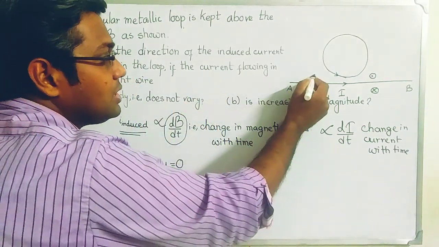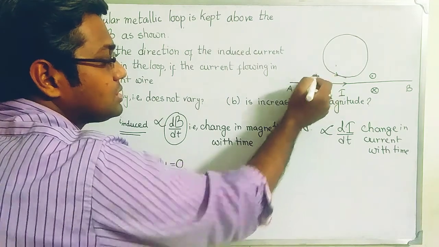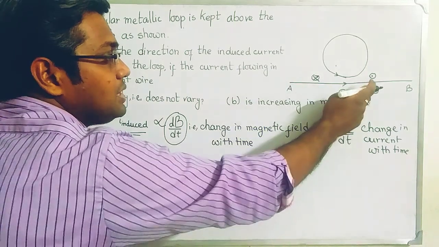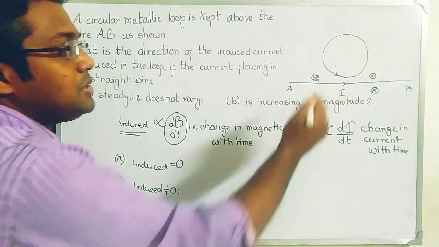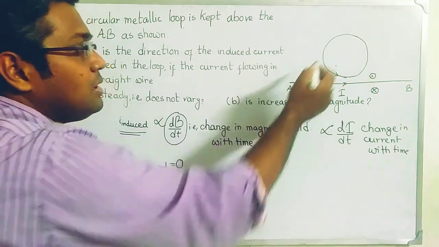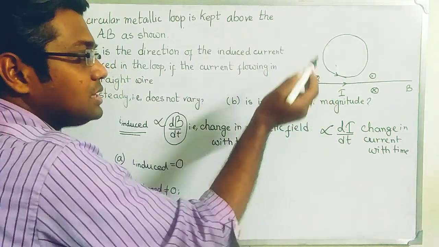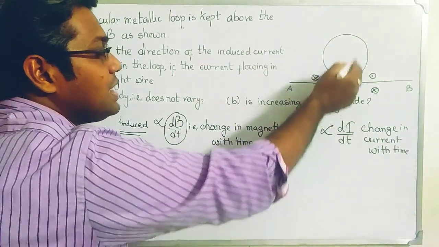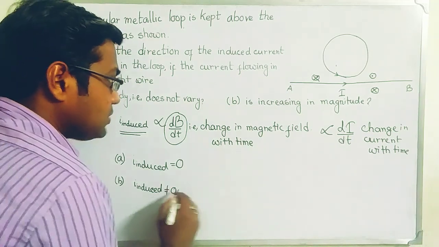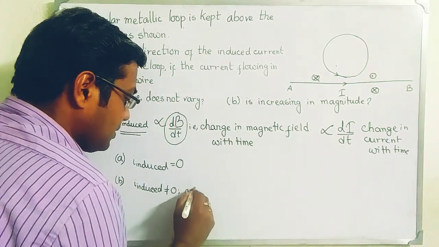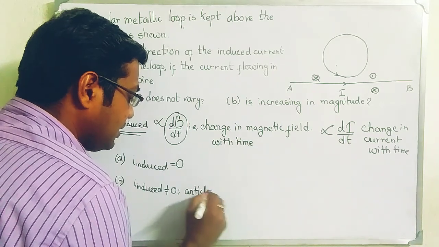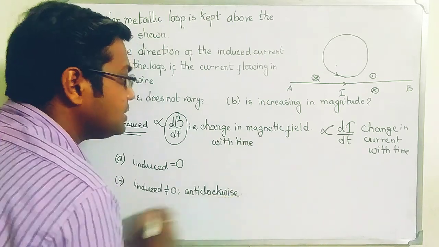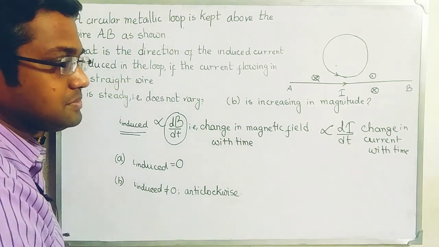Actually the wire AB creates the magnetic field in the upward direction, but due to the induced current, the magnetic field created by the loop is in a downward direction, so it opposes the change. That's why the direction is anti-clockwise. So the induced current is in the anti-clockwise direction and it is not zero now. So this is the thing. Thank you all of you.